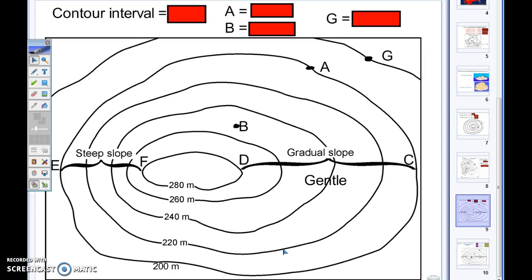Now we're going to look at this map. This is the last contour map we're going to look at. Let's determine the contour interval here. The contour interval that we have looks like it's counting by 20s. So our contour interval is 20 meters. Location A, the value for location A here.